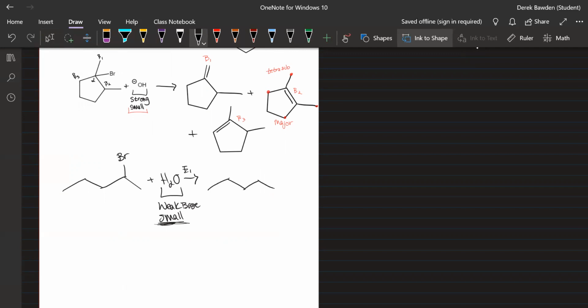Did you guys want me to draw the mechanism for this, how it works? Perfect, I can do that. So what happens is, if you look at a water molecule, it's shaped like this, right? So our oxygen is going to come in and strip one of these hydrogens, and the electrons will go onto this carbon.